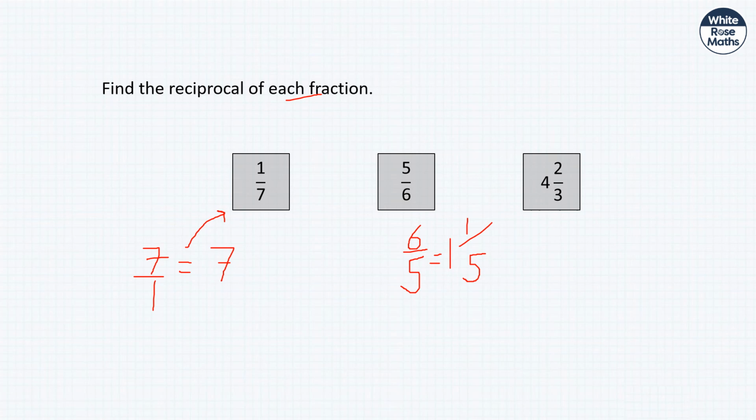For this last one, I'm going to change it into an improper fraction. 3 times 4 is 12, plus the 2 goes to 14. So that's 14 thirds, the same fraction. Flipping that over, I get 3/14. So that's my answer for this question: 7, 6/5 and 3/14.